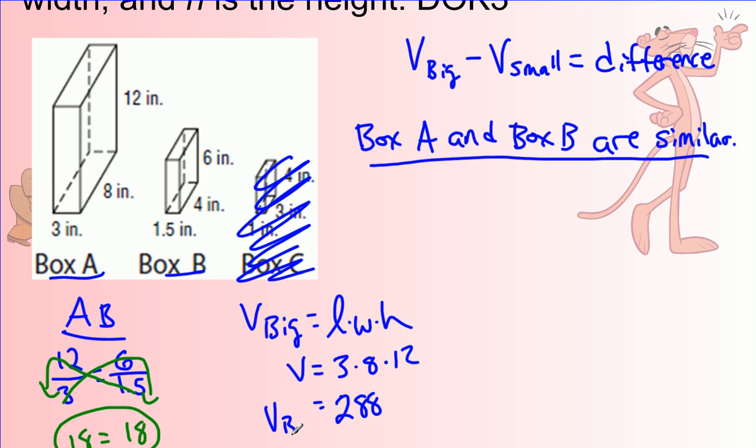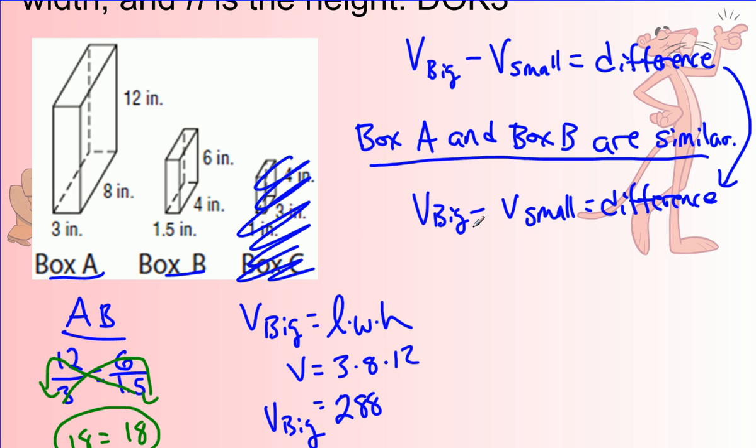And that is the volume of the big. Alright, so I know now that the volume of the big rectangle is 288. I just recopied this line down here because I'm going to start plugging stuff in.